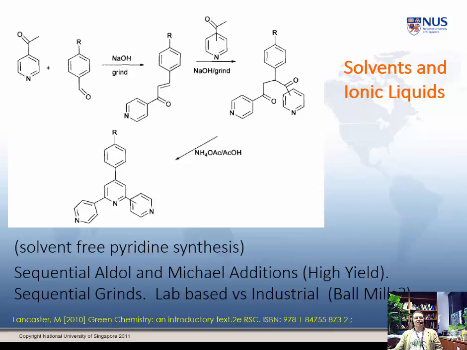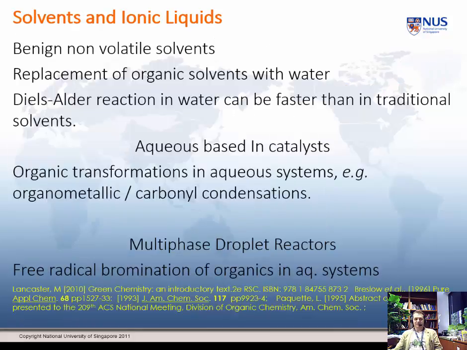So solvent-free, that was the heading we were thinking about. And we've had two examples, gas phase catalysis, or actually, in this case, a dry grind. Sounds really quite unpleasant.